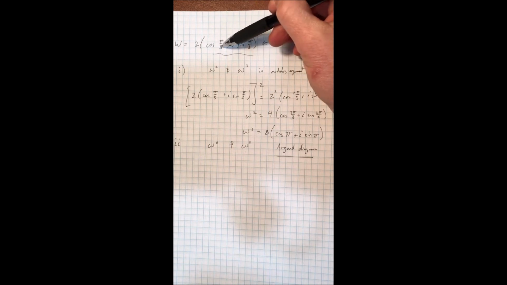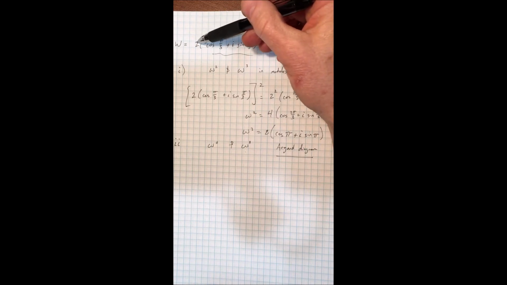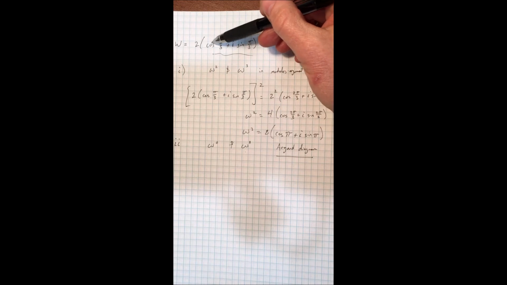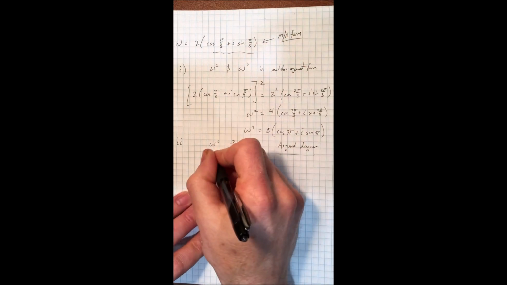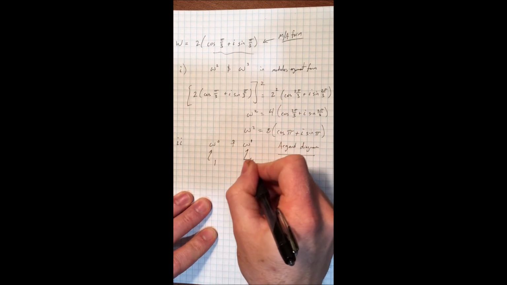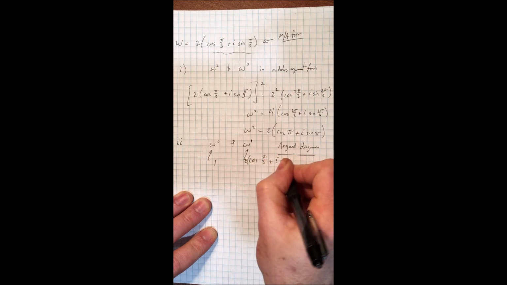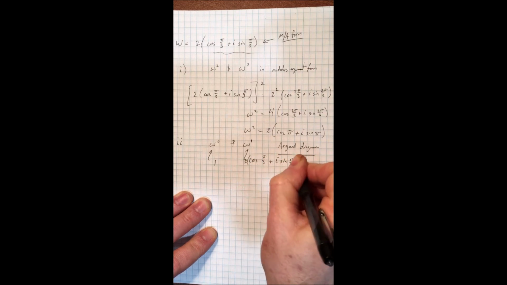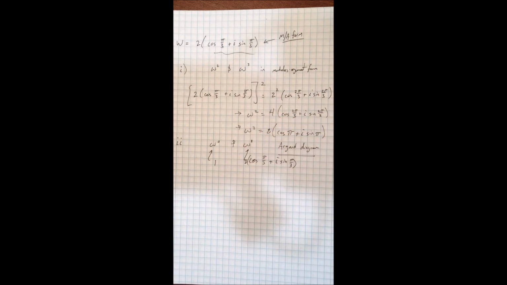So the cosine of 0 is 1, the sine of 0 is 0. So we end up with 1 times the quantity 1 plus 0, so this is equal to 1. And w to the 1st power is equal to 2 times the cosine of pi over 3 plus i times the sine of pi over 3. So we've got what all 3 of those things are.